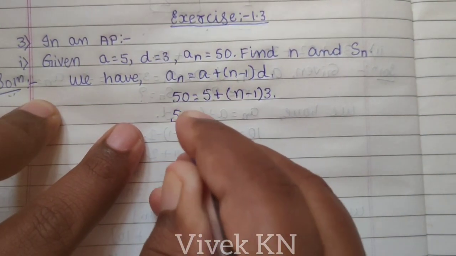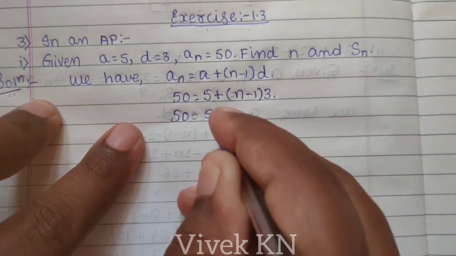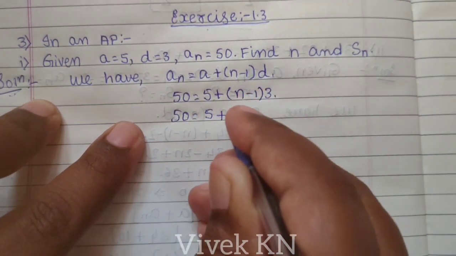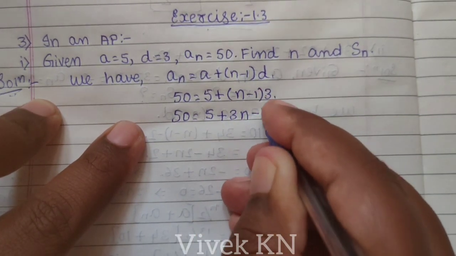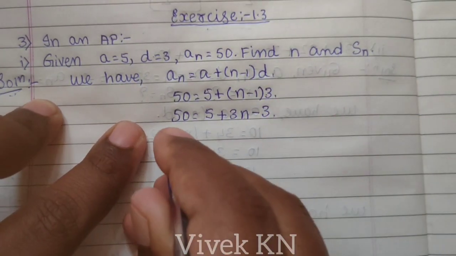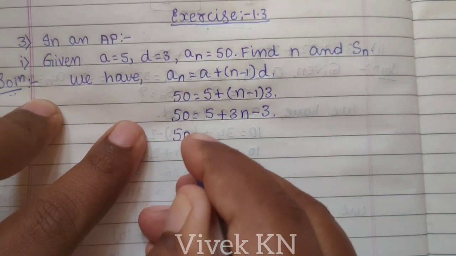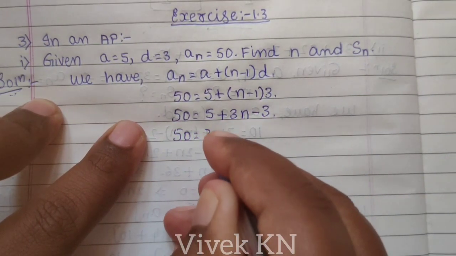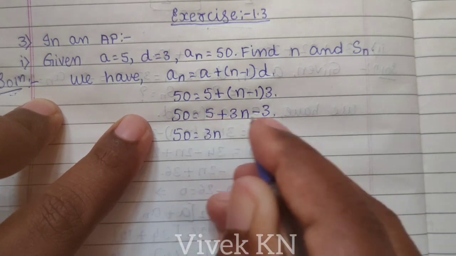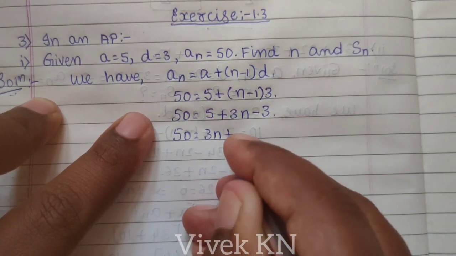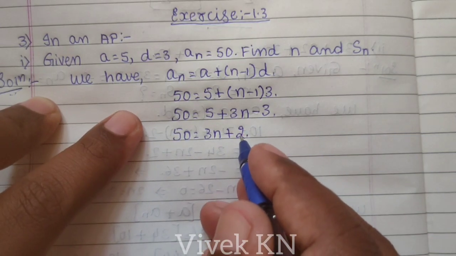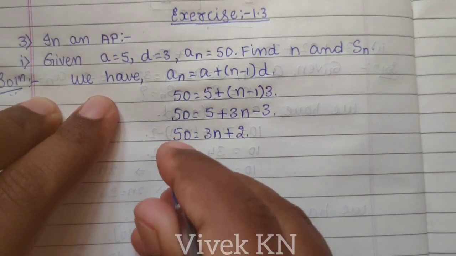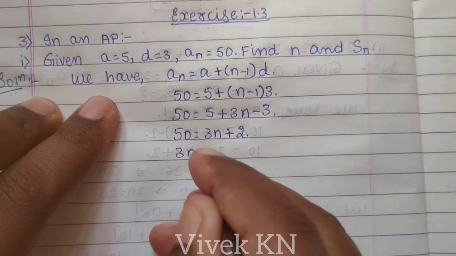Therefore 50 is equal to 5 plus 3n, minus 3 ones are 3. That is 50 is equal to 3n plus 5 minus 3, we get plus 2 as the answer. Now let us shift this plus 2 to the left side. It becomes minus 2.